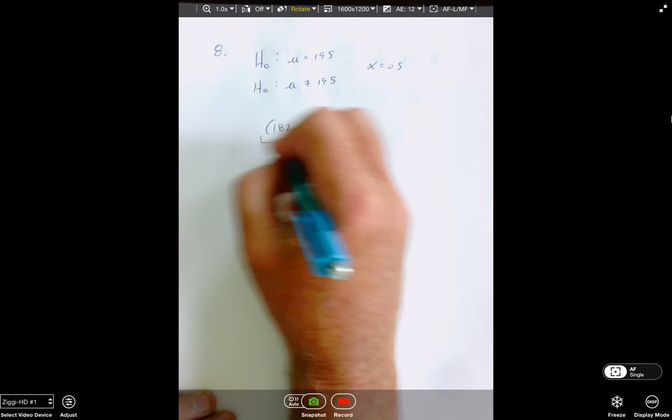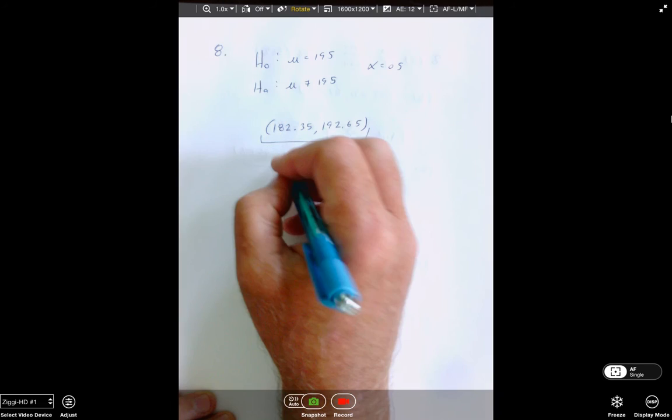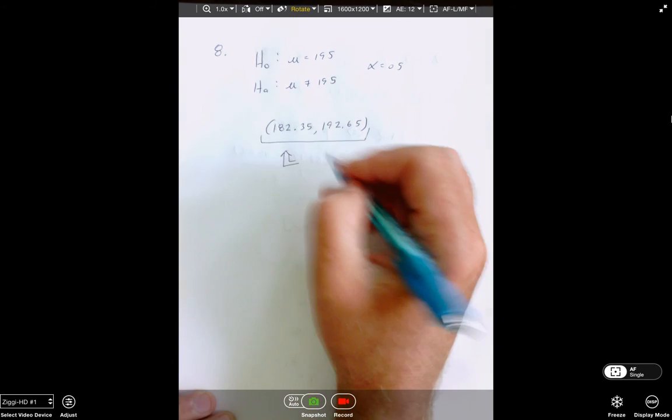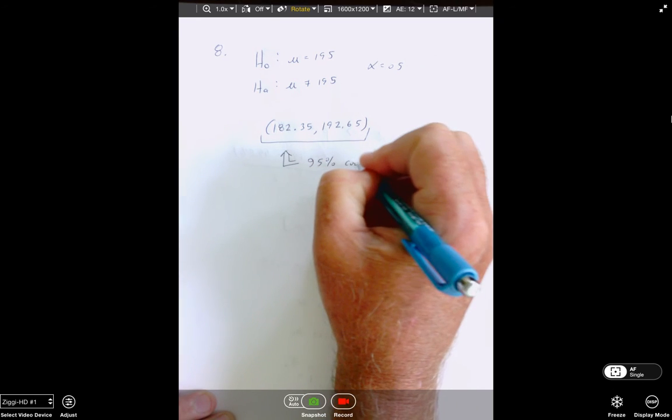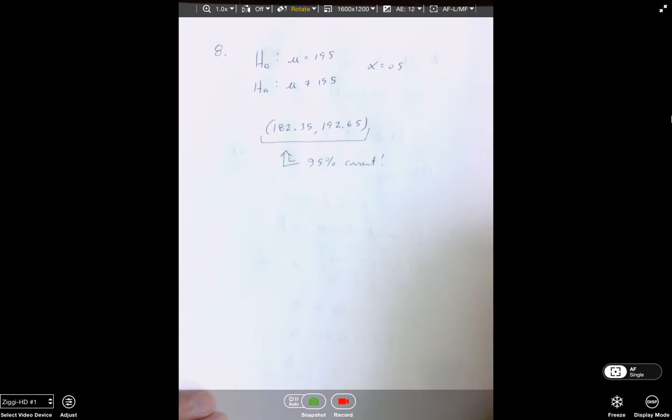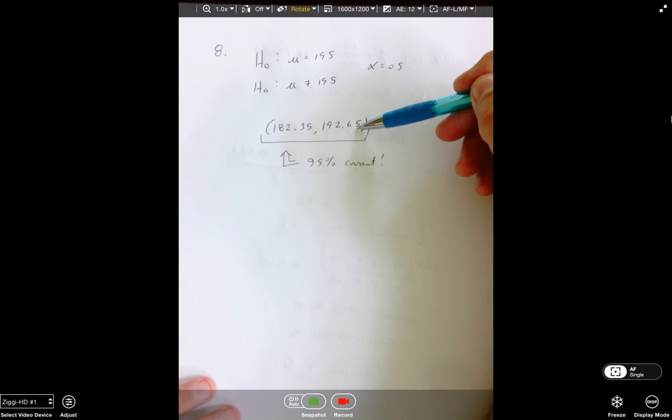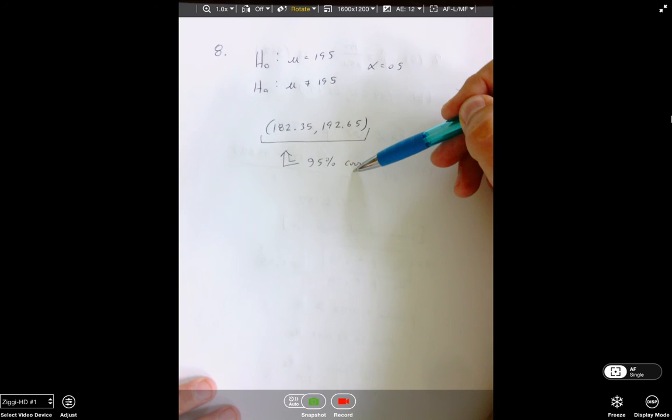Now, guys, one way of thinking about a confidence interval, and it's not exactly correct, but it's a decent way of thinking about it. This interval has about a 0.95 probability of containing mu. 95% of the time, this confidence interval that we produce from a random sample is going to get it right.